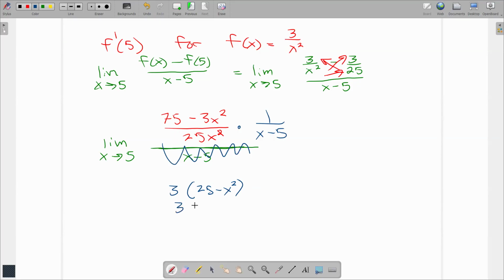So that's 3 times 5 minus x times 5 plus x. Okay, so what I have is that over 25x squared times 1 over x minus 5. Limit of that.